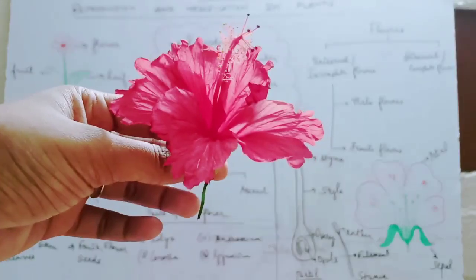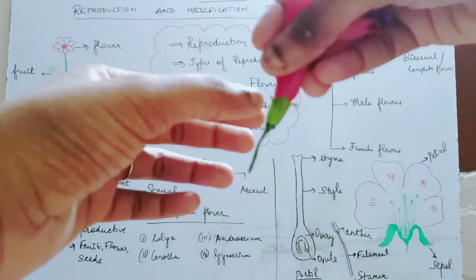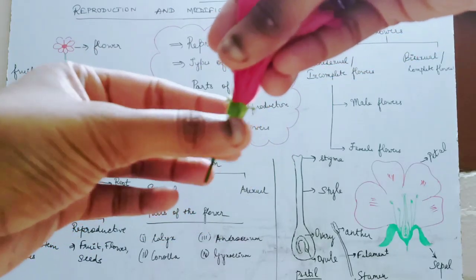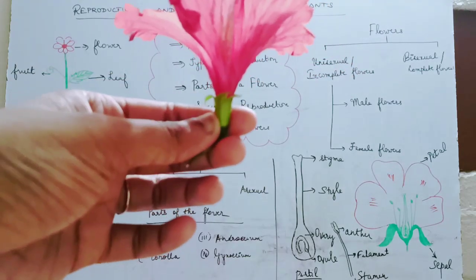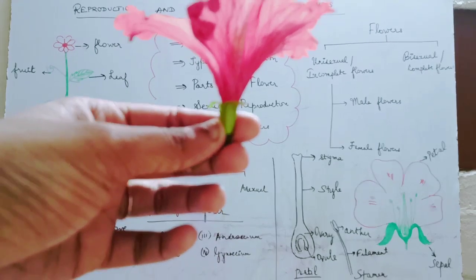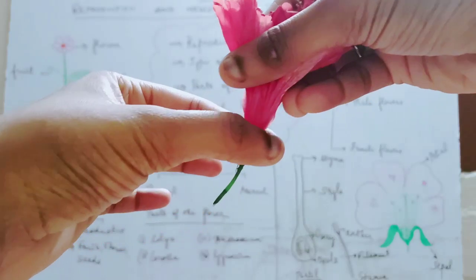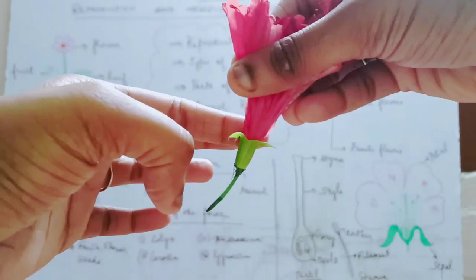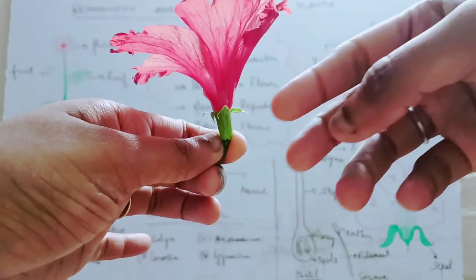We can see a green colored leaf-like structure present as the outermost layer, called a sepal. This sepal protects the flower when it is in bud stage. This outermost ring of sepals is known as the calyx.